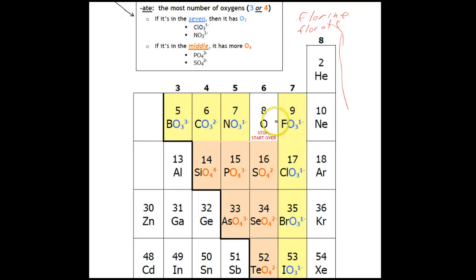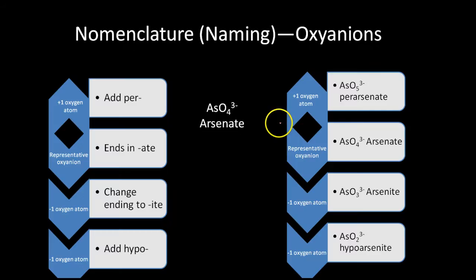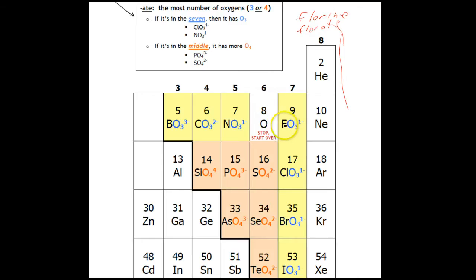So now with this information and that information, you actually know not just these ate forms, but also the ite, the perate forms. So if we were going to write what is perfluorate, what is that formula? Well, based on that last bit, that would be FO4 1 minus, right?